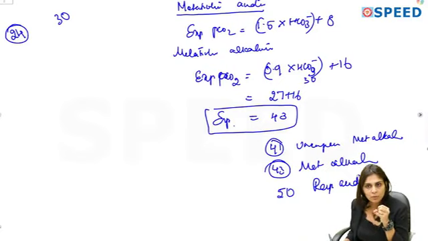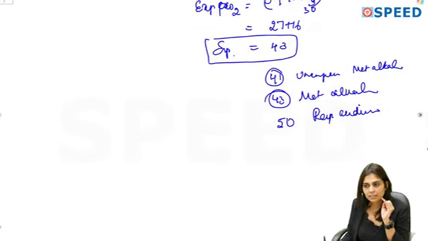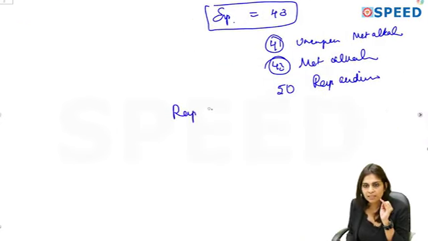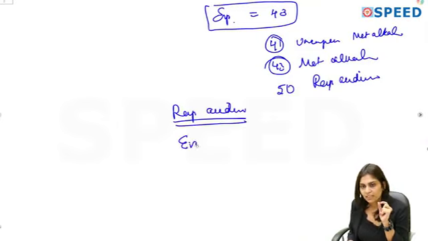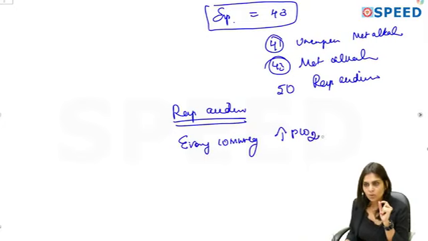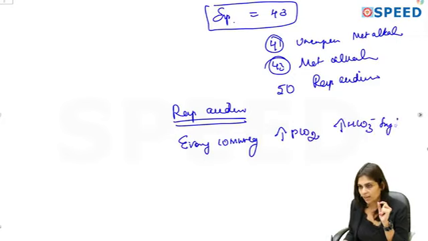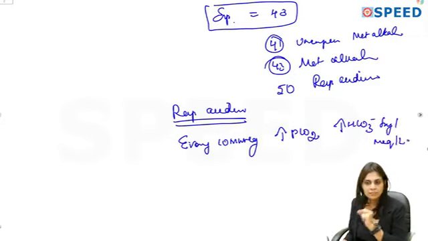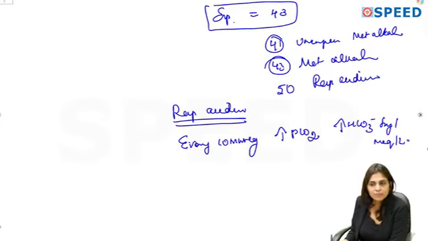So, that's about metabolic acidosis and metabolic alkalosis. Now, I am going to tell you for respiratory acidosis and respiratory alkalosis. In respiratory acidosis, for every 10 millimeter of mercury increase in PCO2, bicarbonate will also be elevated by 1 milliequivalent per liter.